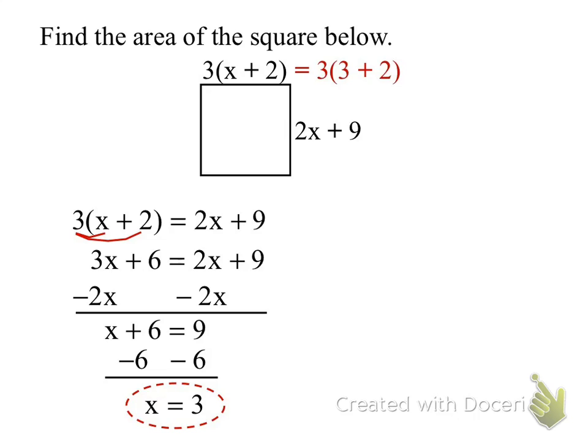So what's the area, please? What's the area of the rectangle? If we found that 2x plus 9 equals 15. Is it 3x squared? No. Zach?